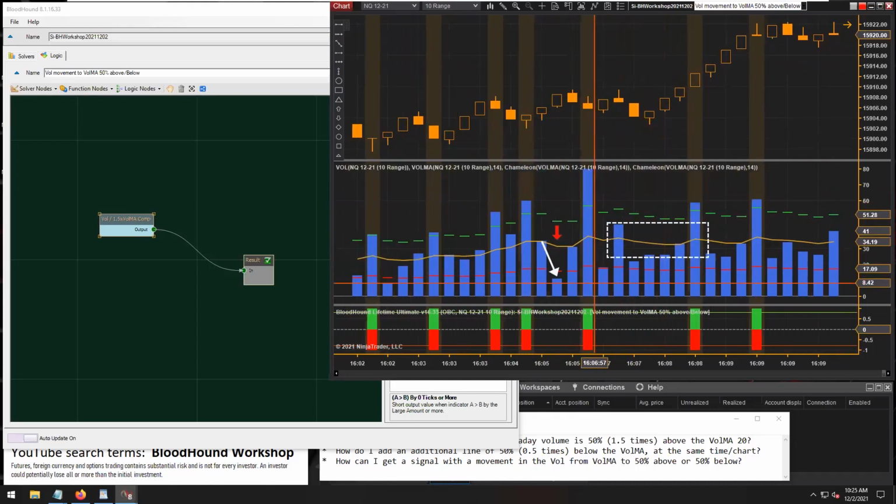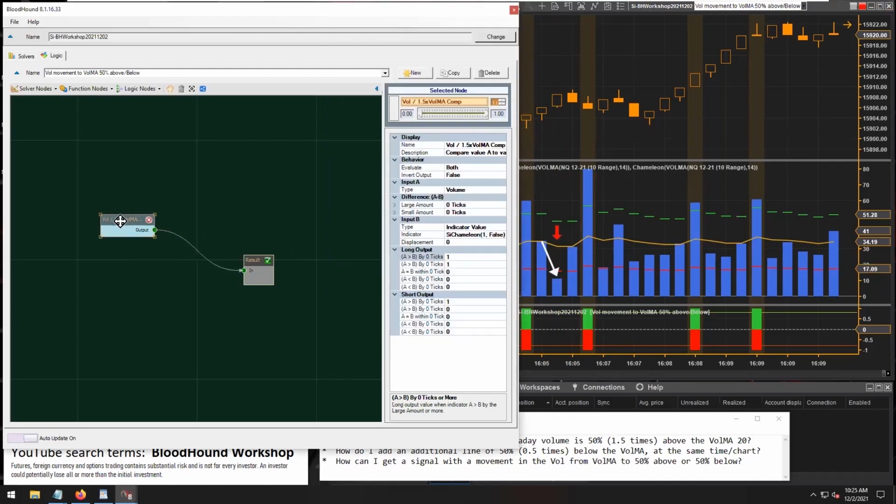Now we need to make a comparison solver for this situation here, where the volume is below the 50% of the volume MA. So, all right, we did a lot of work here in setting up Chameleon and everything here.